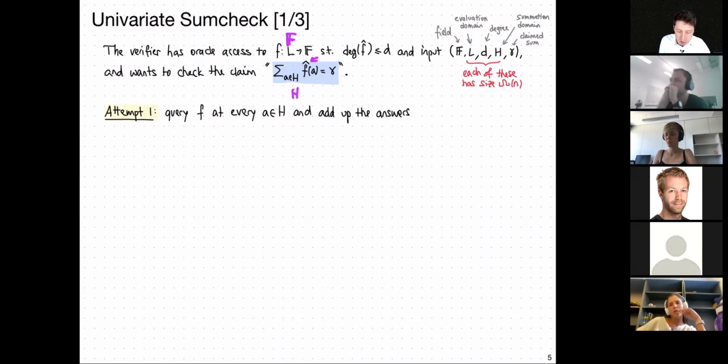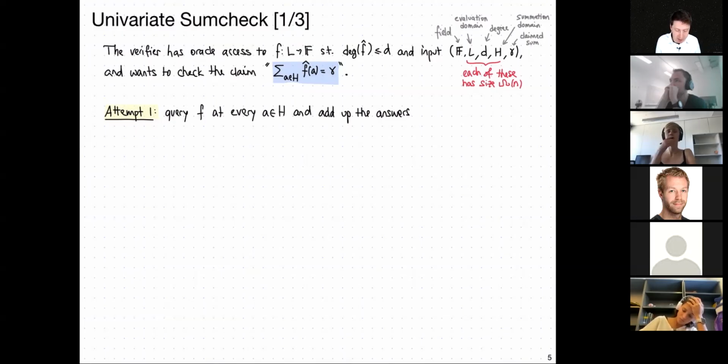So in order to make this sum well-defined, without assuming that H is a subset of L, which may not always be the case, we check the claim where you interpolate f, so it's defined as a polynomial over the whole field, and we evaluate it over H and sum it up. All right, now we're going to look at a couple of naive attempts to solve this problem, just to understand what's hard about it.